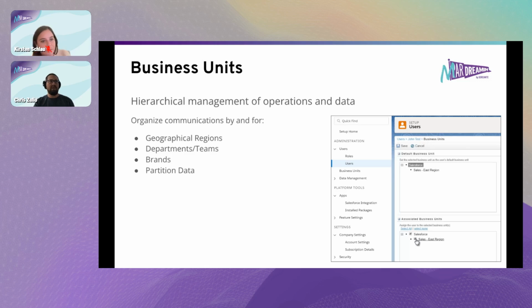We don't have data-specific rules and regulations, and business units are the primary reason we're able to break out data and isolate it from other users, but also for compliance reasons, you may need to do that. So those are some of the key use cases for business units within Marketing Cloud.